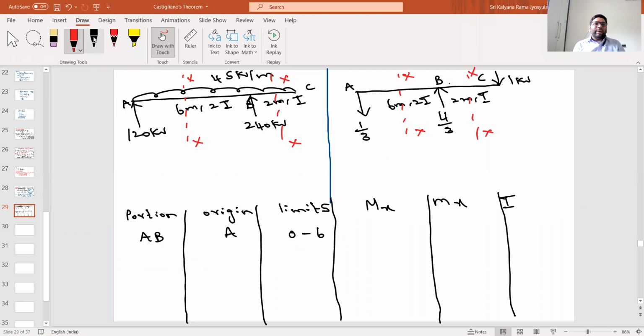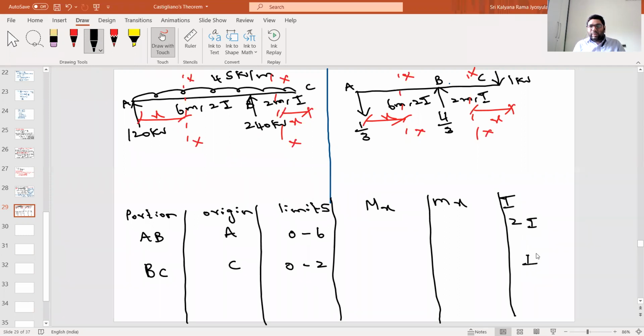So once we take that, what are the moments at this section? This is X now. This distance is X. To make it simple, we will take BC, C origin 0 to 2.